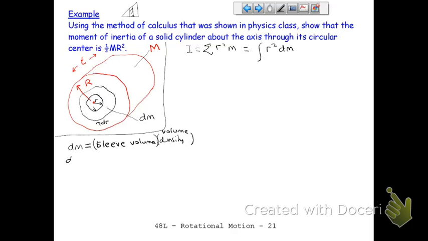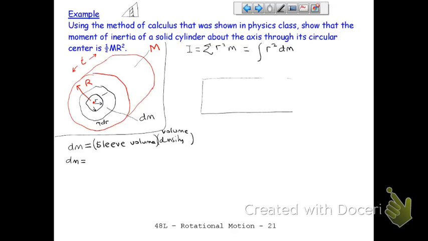Well, let's just say dm is equal to the sleeve volume, and I'm going to draw and then erase, because I'm not going to have enough space if I'm not careful. I'm going to cut this thing, and I'm going to unroll it.